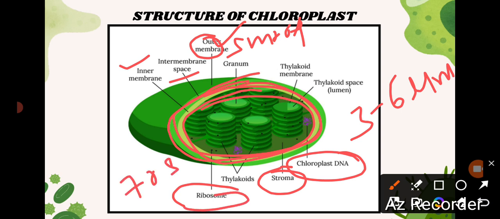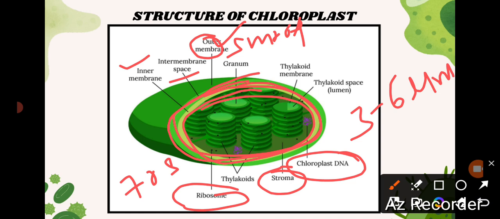We'll discuss the types of ribosomes in later classes. It also contains the enzymes for the Calvin cycle, as well as starch grains and lipid droplets.